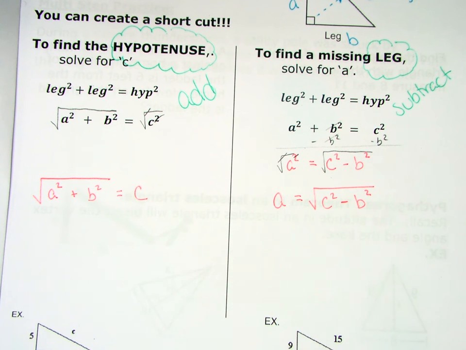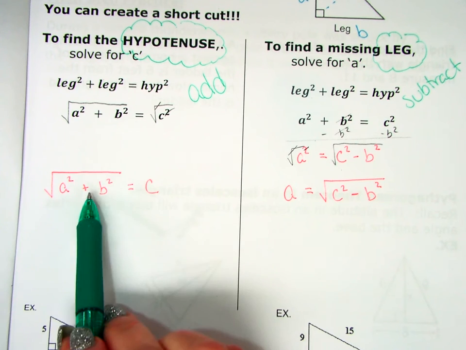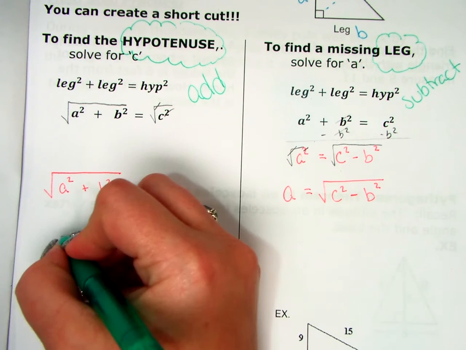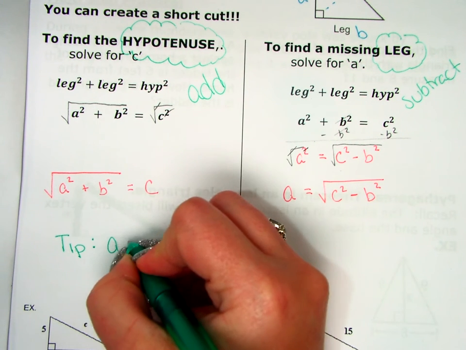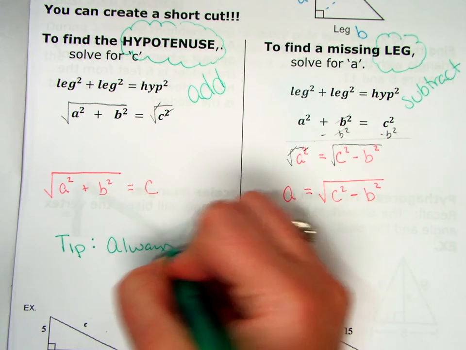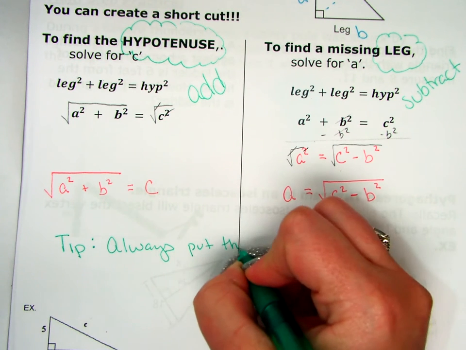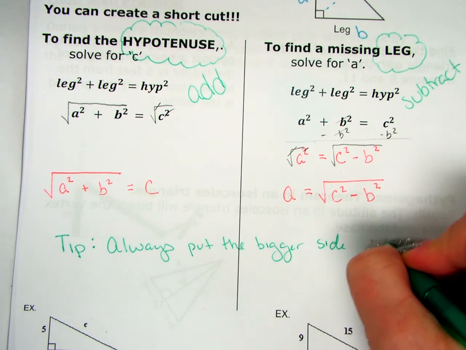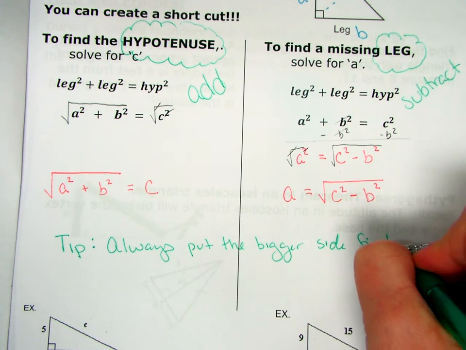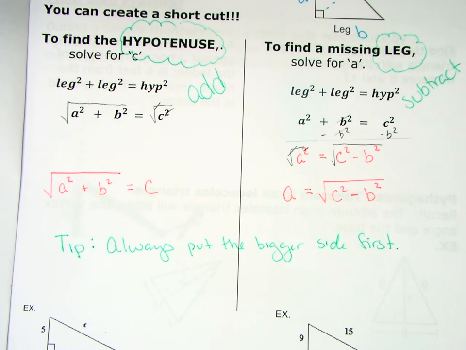So what I do, just to make sure I always put the right thing in first all the time, no matter if I'm doing hypotenuse or leg, as a tip, I always put the bigger side first.